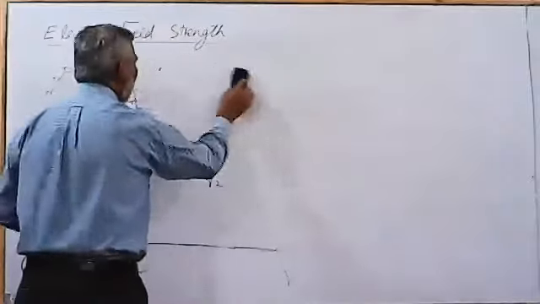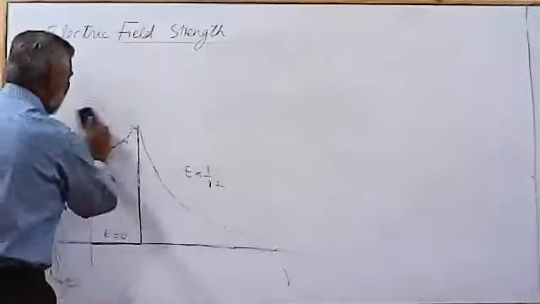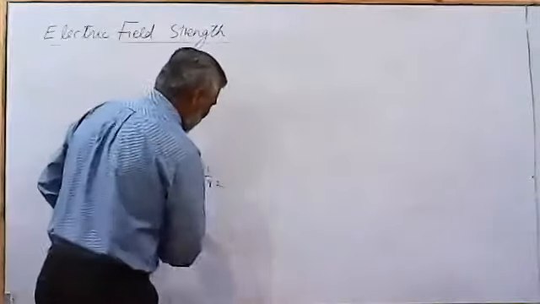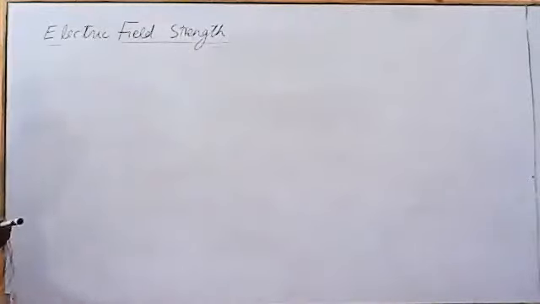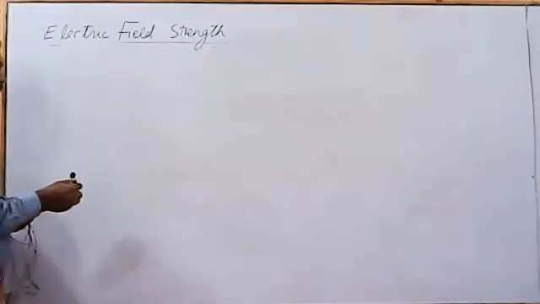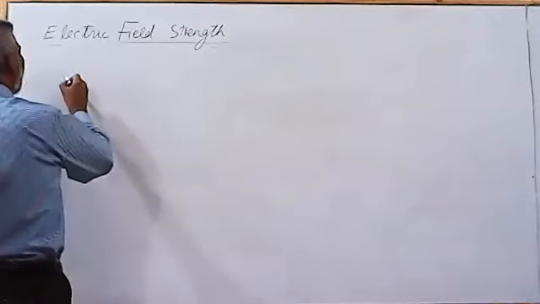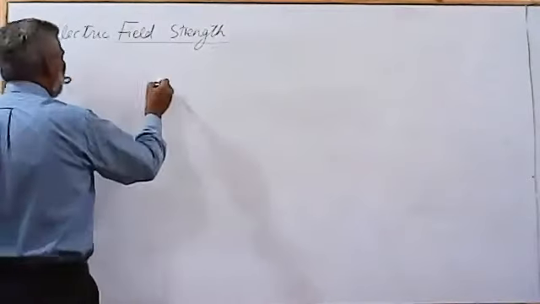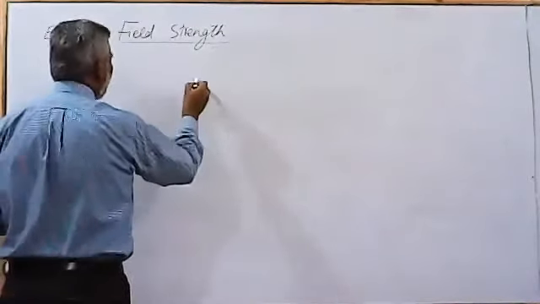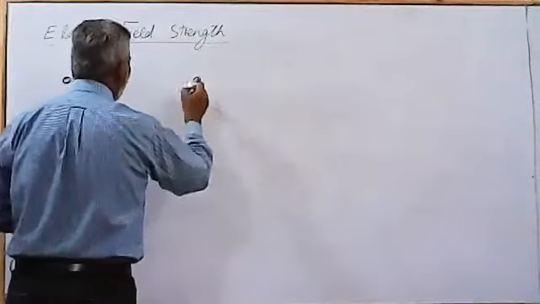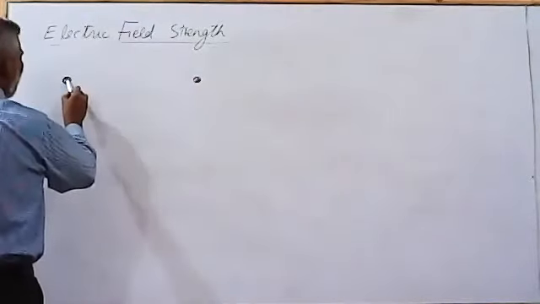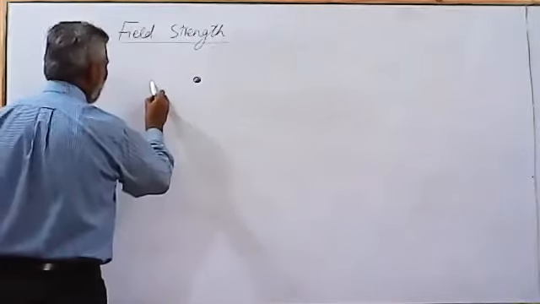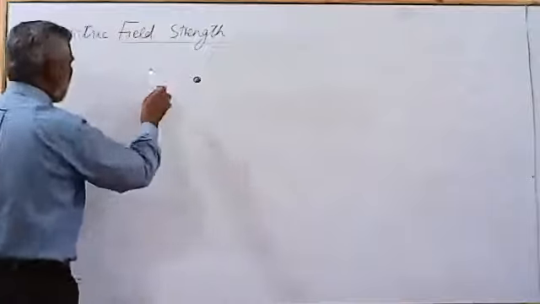But what if there are 2 point charges placed side by side? That is also useful to study. Let's say we have two charges placed side by side. How does the electric field in the space in between these two charges vary?